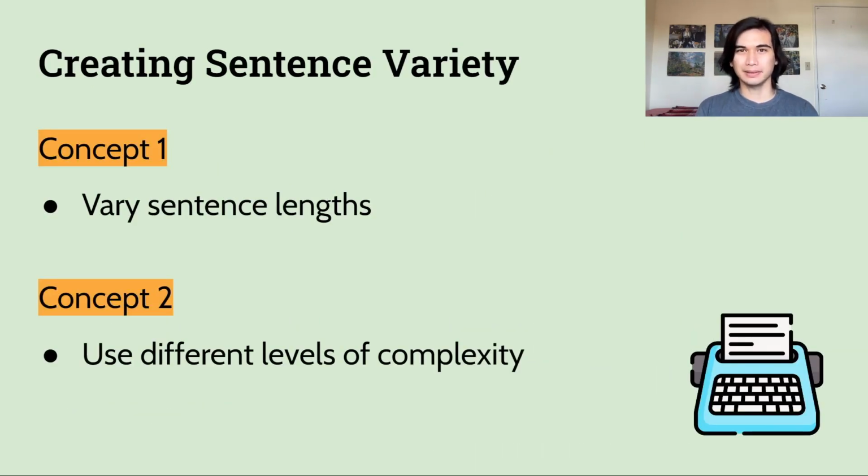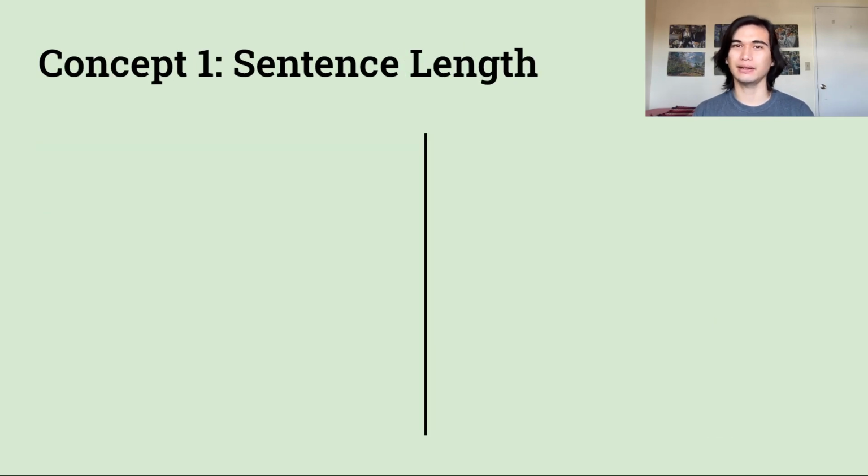The latter example uses 2 concepts that we'll look at for the rest of the workshop: varying sentence length and using different levels of complexity. You'll also have a chance to put these principles into practice. The first thing to understand about sentence length is that different lengths have different effects.